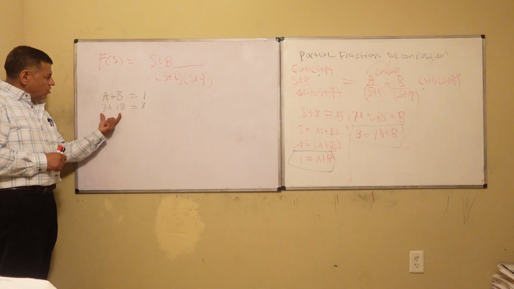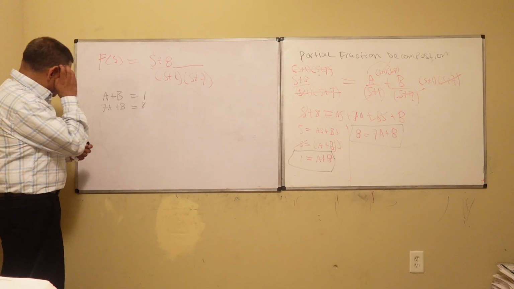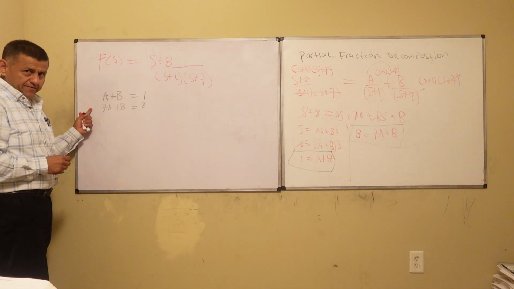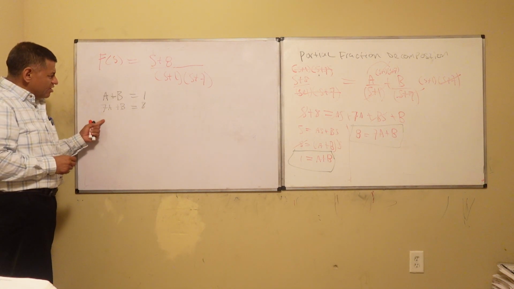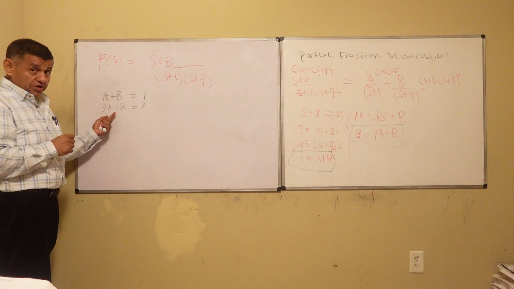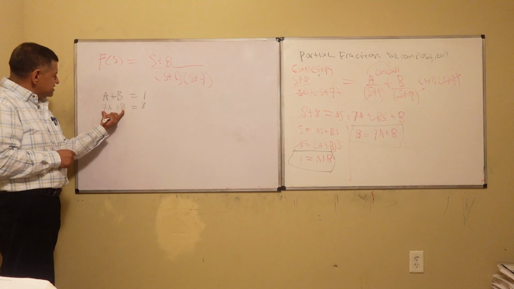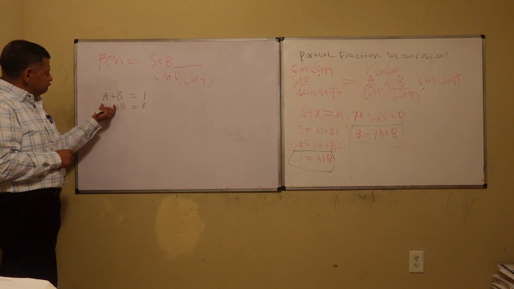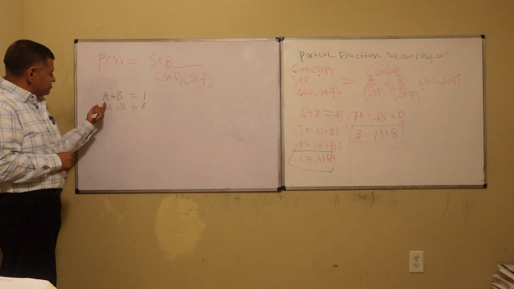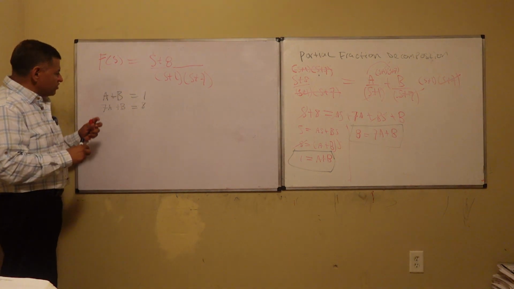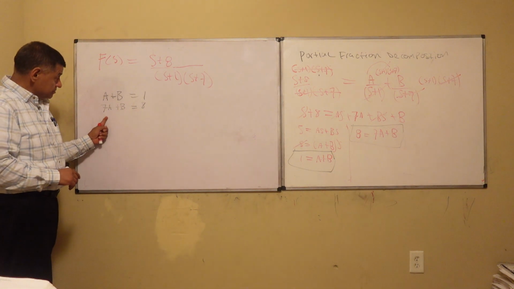Okay, so now let's look at this. I have a system of equations, with two variables per equation. But obviously I cannot just combine these two. I need to do something to get rid of one of the variables so I can solve it.